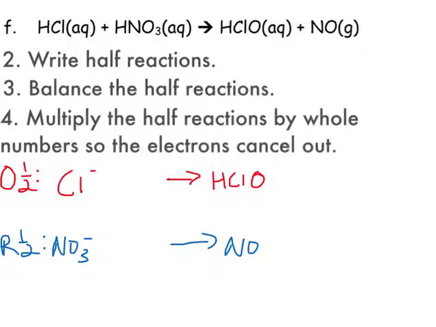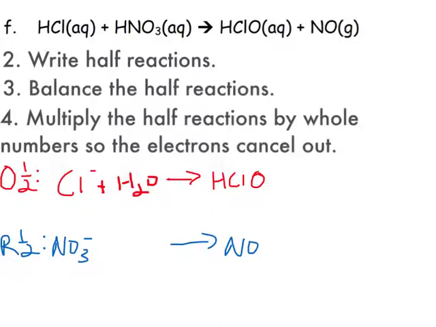So it's there, which means I can add it. And in this case, I need to add some water to this side to balance out the O's. So I'm going to add plus 1 H2O, because there's only one oxygen on the other side.